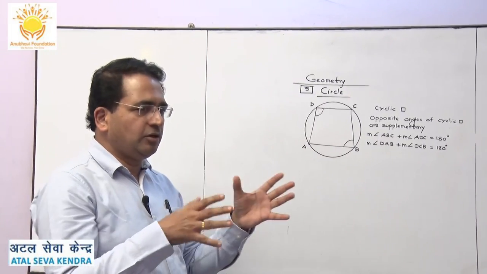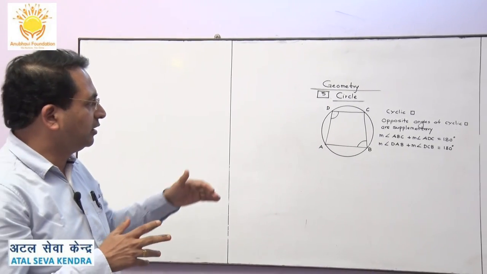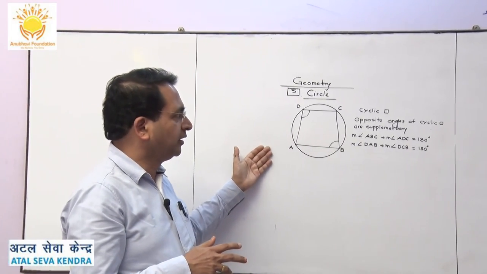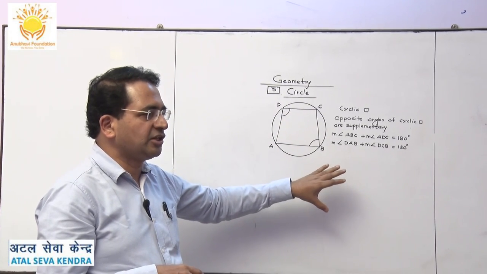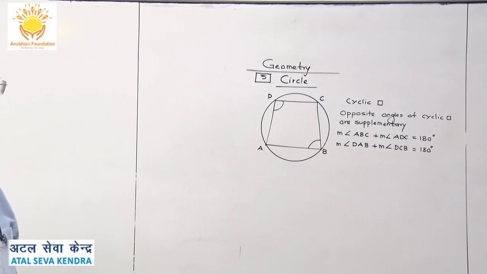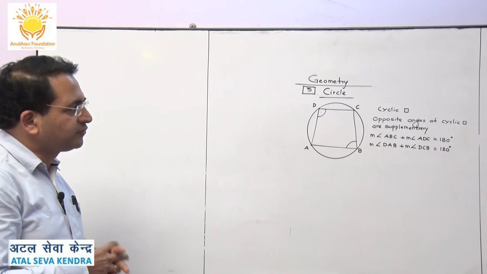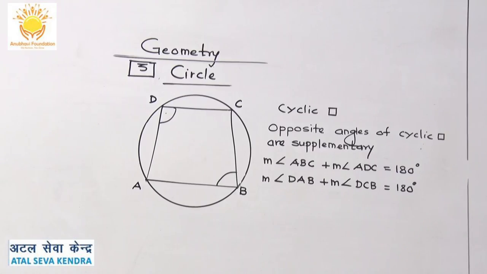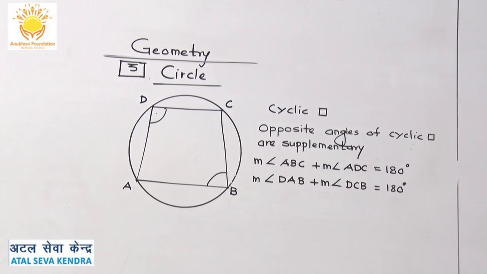This is my normal guesswork: suppose they asked one in an earlier year, then this year there is a chance you will get the other. So please focus on these two theorems as far as the 3 marks question on circle theorems is concerned.